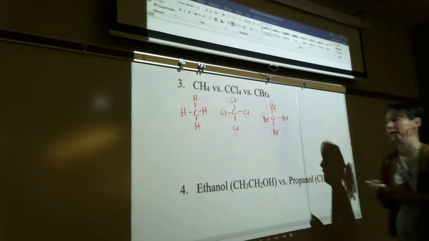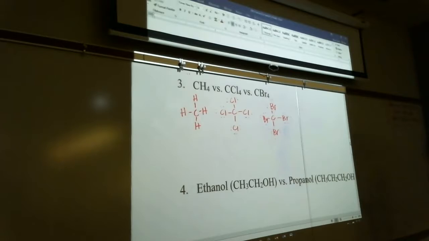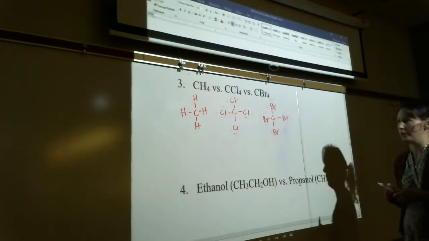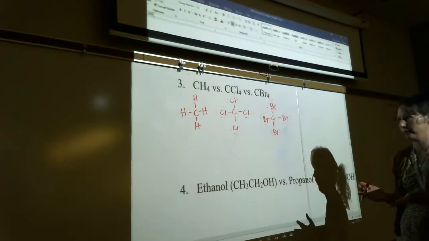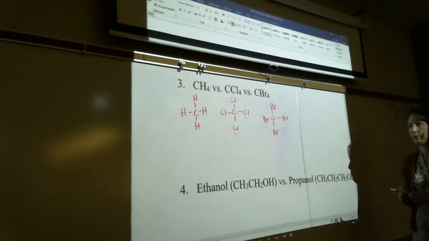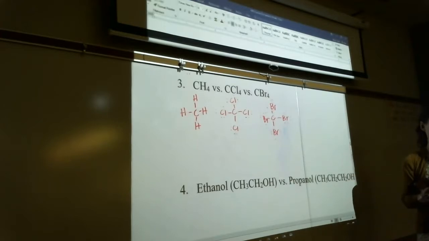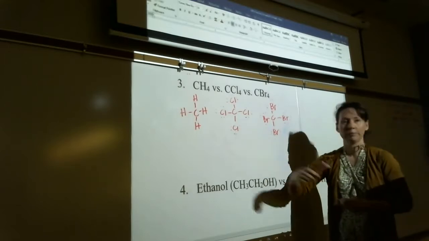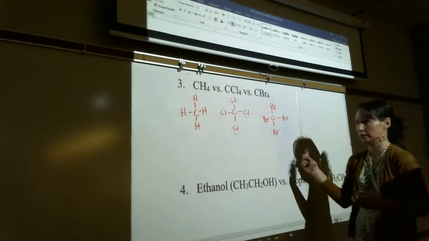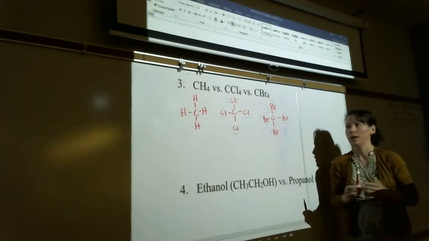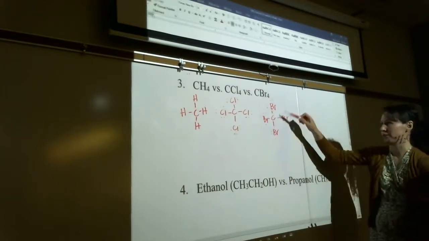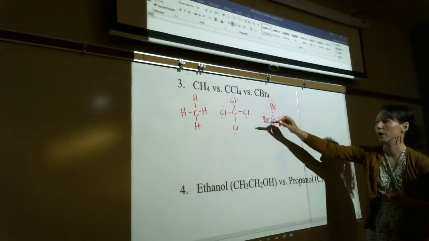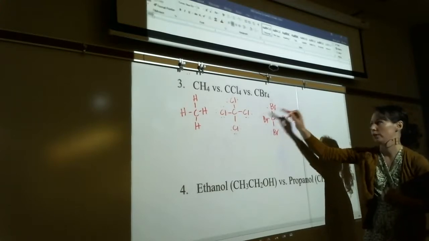Okay, so are any of these polar molecules? No, they're all nonpolar. So now all we have to do is, what's going to be the deciding factor? Okay, polarizability is going to come back into the picture here, right? Because these are all tetrahedral, they're all carbon in the central atom, right? And so they're all nonpolar because they're all symmetric. Even though a carbon-bromine bond or a carbon-chlorine bond is polar, this is symmetric, this is symmetric.